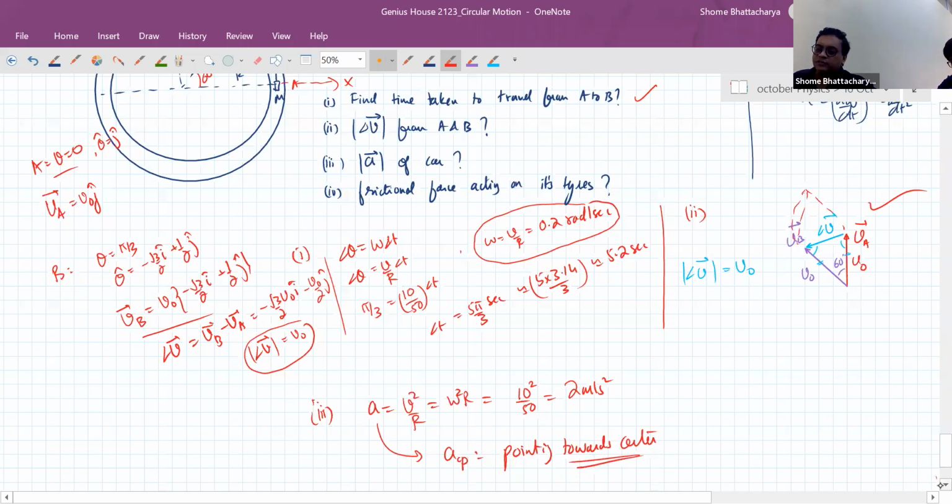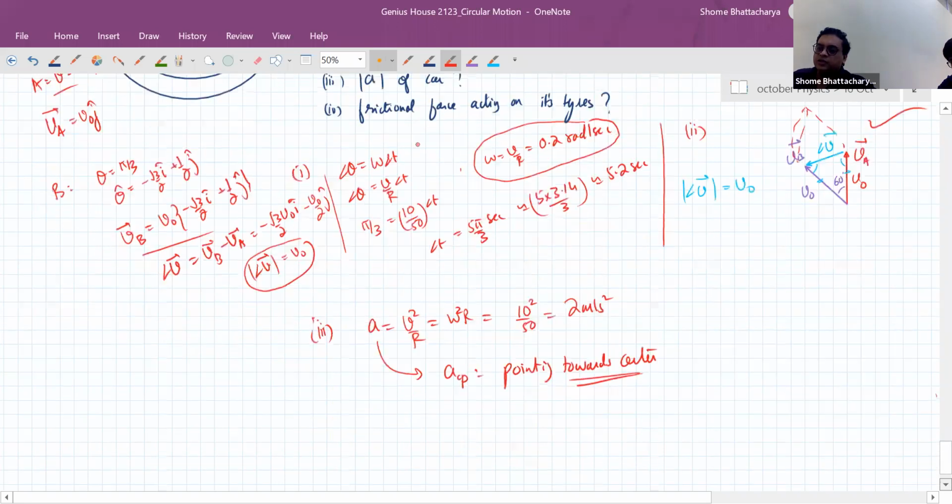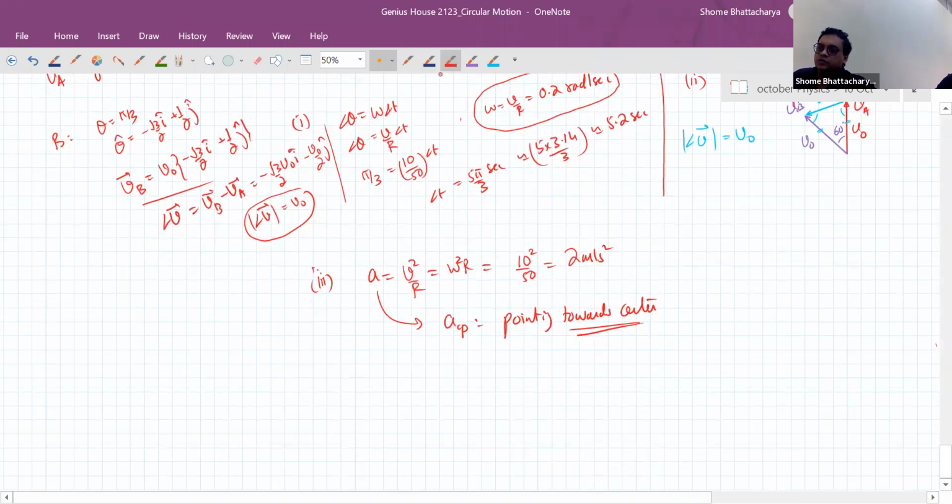Now when you look at the free body diagram of the car as it's going in the circular path, suppose the car is over here at some time and this is the center of the circular movement. The velocity is in this direction, but the acceleration is pointing towards the center. By the time the car has come to somewhere here in the circular path, the velocity vector is in this sort of direction and the acceleration is in this sort of direction.